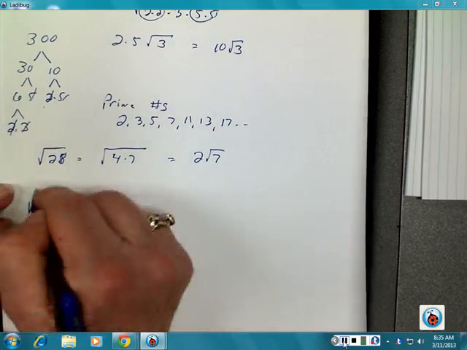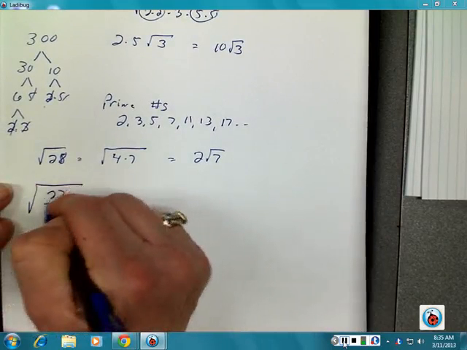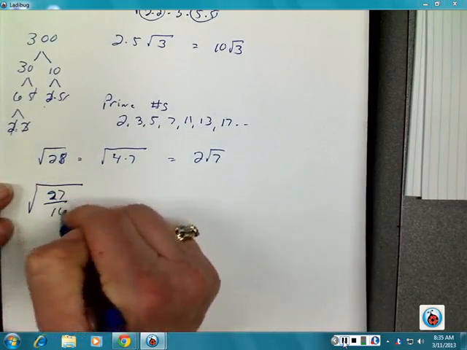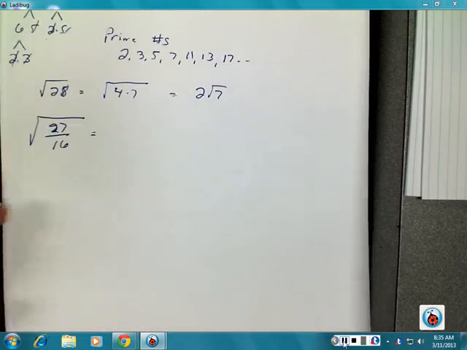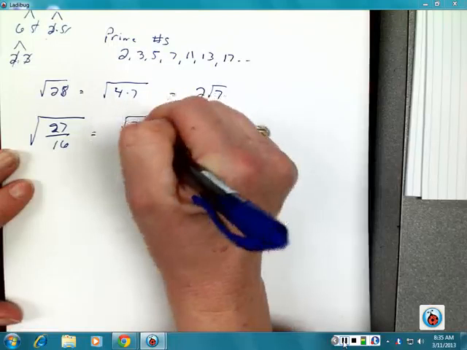How about this one? Square root of 27 over 16. And this also works if you don't know what a perfect square happens to be, because if you break them all down, you're still going to get to the same results. Our rule says I can break it apart.